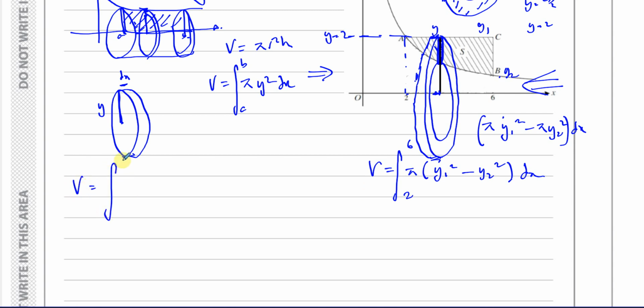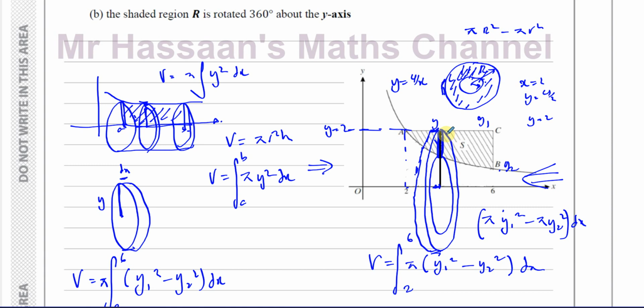There's also another way to do this, which I'm going to show you as well, but I like to write the pi outside eventually. So this is one formula that will help you find the volume of revolution when something is rotated around the x-axis, but it's not the whole thing. It's the area between two separate functions being rotated around the x-axis.